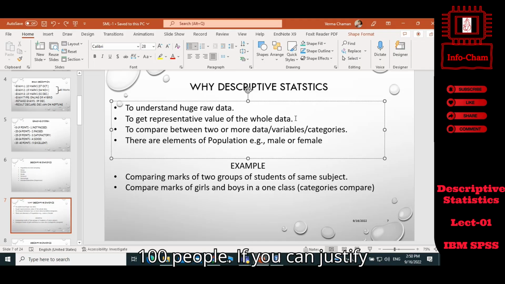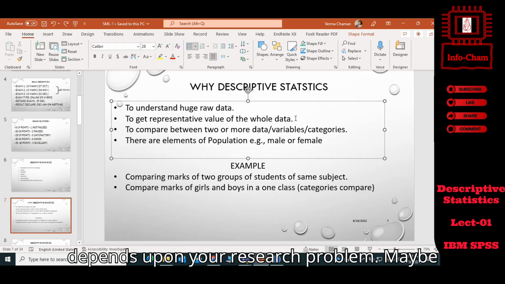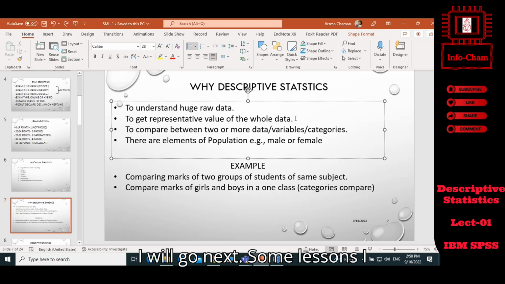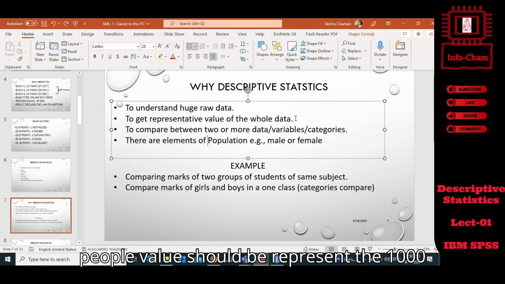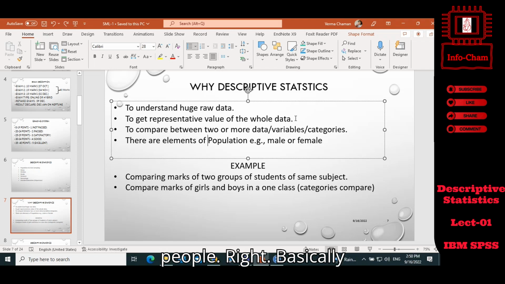If in 100 people you can justify some relation, depending on your research problem, maybe in some later lessons I will show you practically. So the 100 people's value should represent the 1000 people. Basically one representative value should represent all.